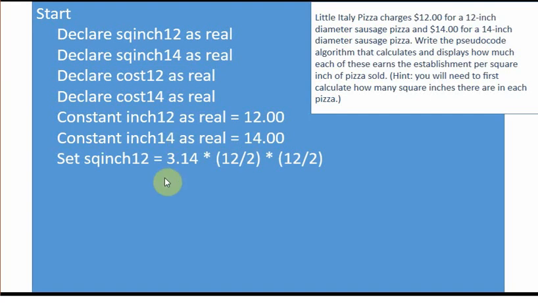So here's how I'm calculating the number of square inches for the 12-inch pizza. Here's my pi. I could have done 22 over 7 also, but I'll keep it simple. Here's my radius, 12 inch divided by 2 times 12 inch divided by 2. Could you have done the power function? Absolutely. Did the same thing for the 14-inch.